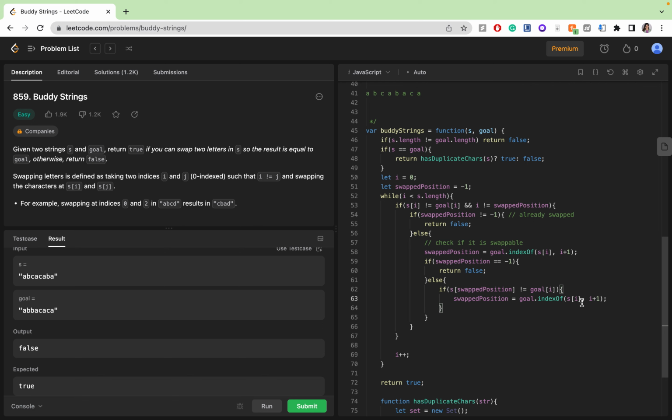Swap position is equal to goal index of s[i]. Try from another position plus 1.